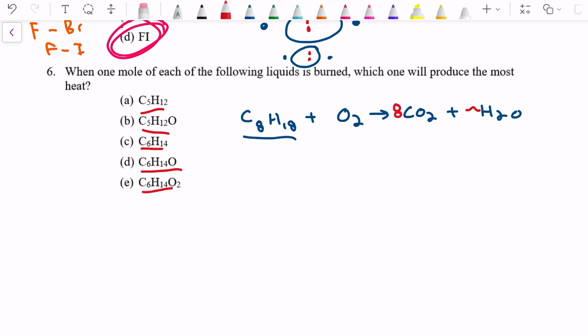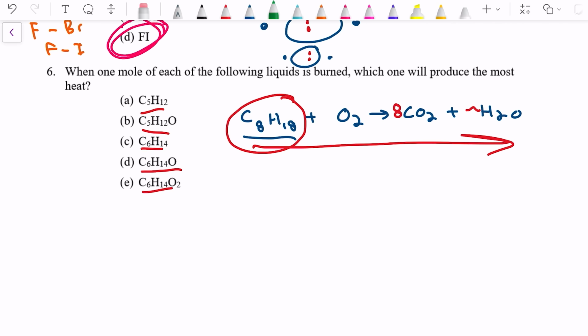Anyways, you get the point. There are going to be a lot more bonds breaking and bonds forming if my hydrocarbon is bigger. Therefore, bigger hydrocarbons are going to produce more heat. So A is definitely not true. A is gone.